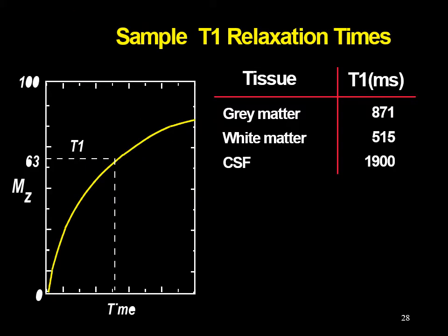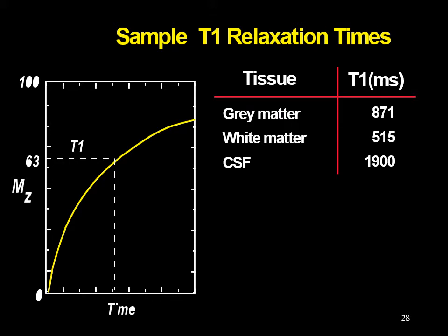Sample T1 relaxation times for the normal tissues found in the head are shown on this slide here. You will note T1 relaxation, which I think of as a regrowth of magnetization along the Z axis, is around 10 times slower than the decay of magnetization in the transverse plane.